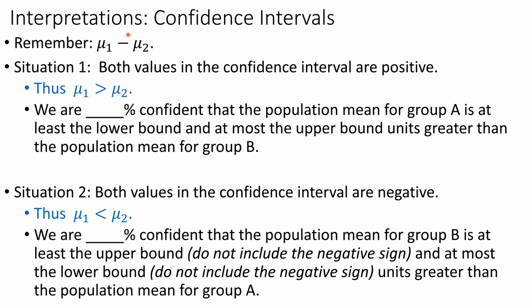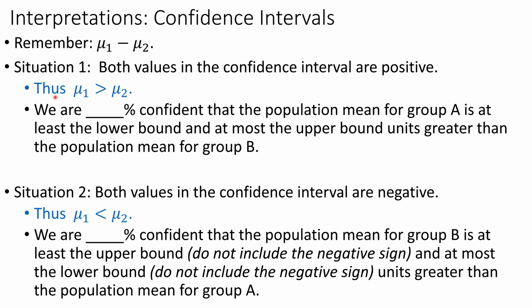Here is how we can interpret confidence intervals. Remember that we are using the confidence interval to estimate this value. Situation 1: both values in the confidence interval are positive.